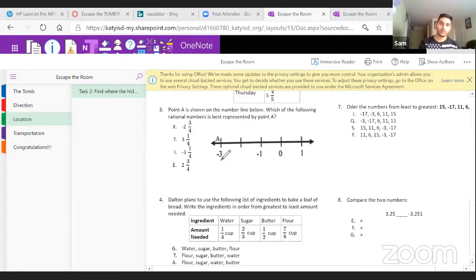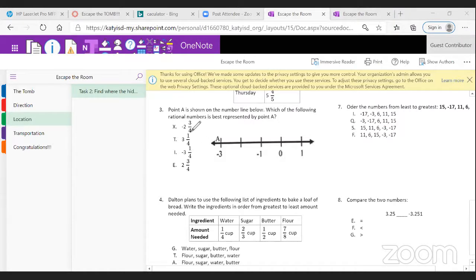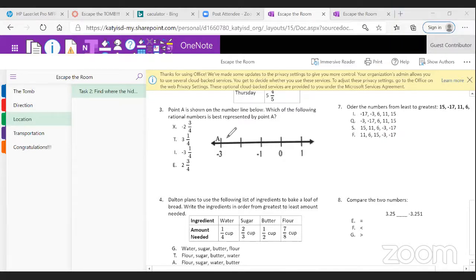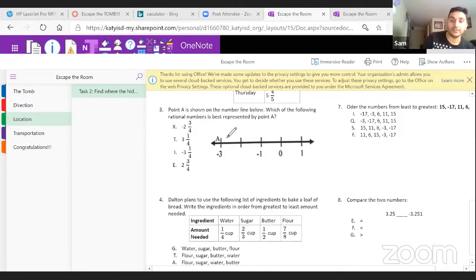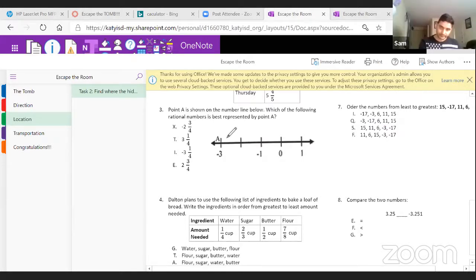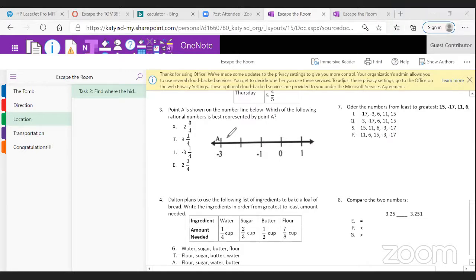So which of them are negative? You have negative X, 2 and negative 3. We have to choose between those. And A is located on the left side of the negative 3, so it's going to be less, meaning a larger number in magnitude, not just the value, but it's supposed to be greater than 3. So which is greater than 3? The X or T or I? I. I is the right answer. Okay, so number 3, I.